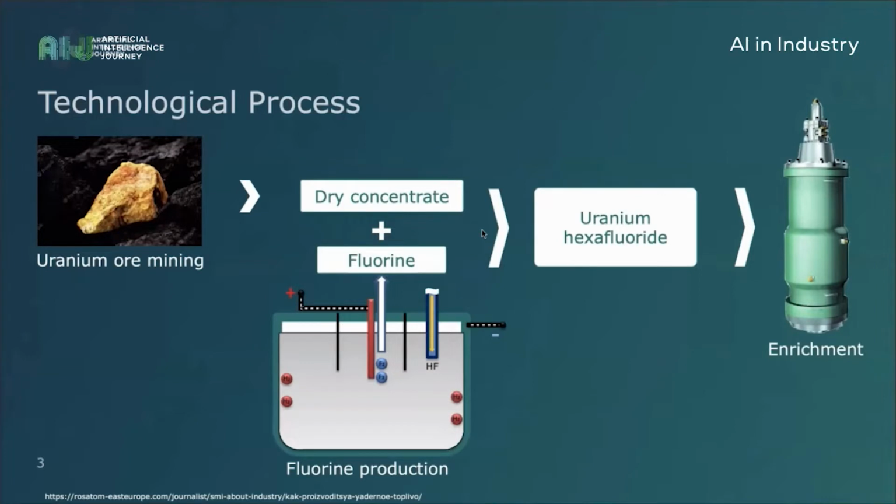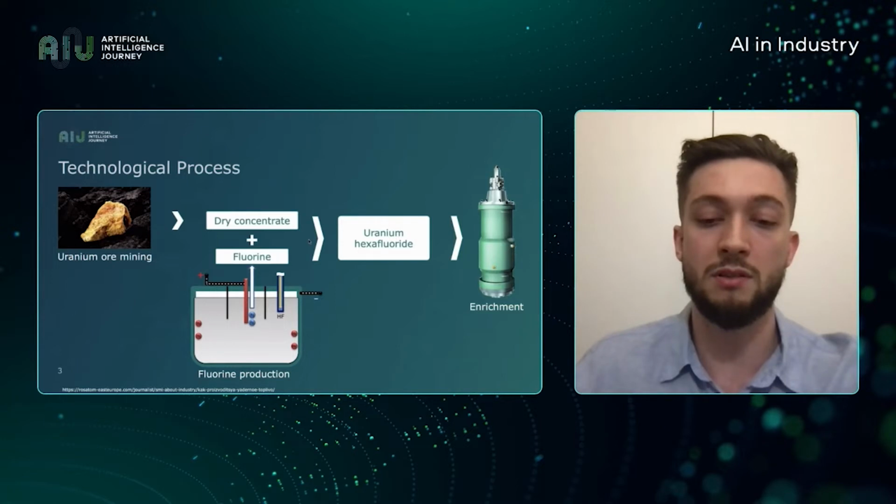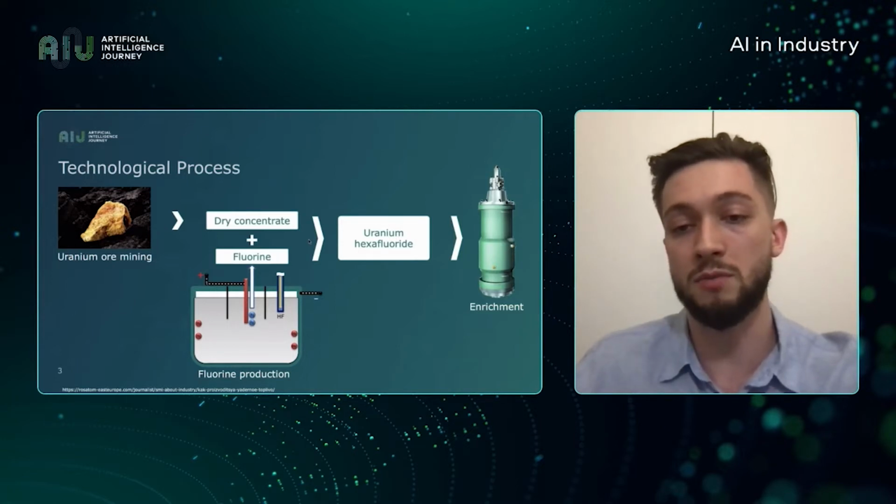Then it's mixed with fluorine, the uranium oxide, and this is done to get uranium hexafluoride, a very important compound because it can become gaseous, and it's very important to make fuel afterwards from uranium.